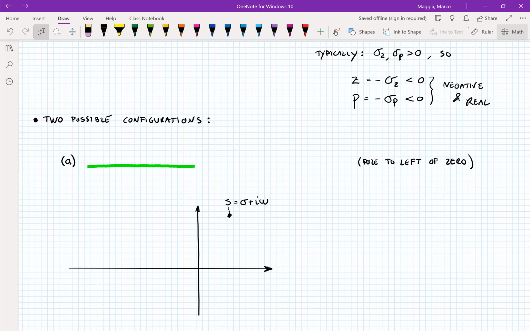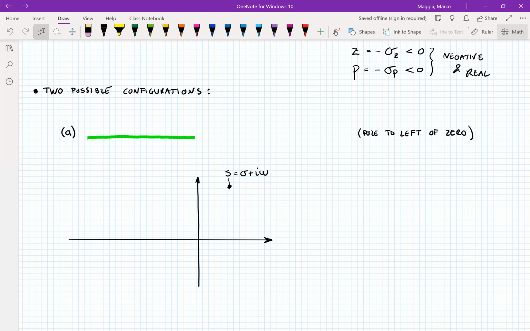We're going to add some phase to the uncompensated system. On the other hand, if we were to use a phase lag compensator, we would be subtracting some phase from the uncompensated system. So let's see visually in the S-plane what this means. Let's start from the phase lead compensator. And again, most of the time I'm just going to call them lead compensator.